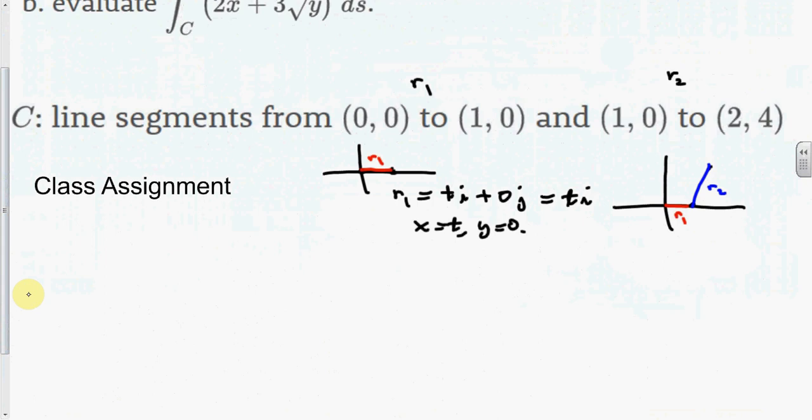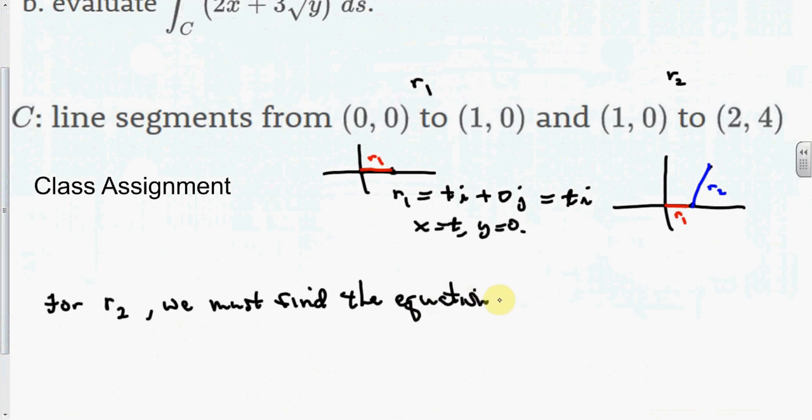If you give me 2 points, I can determine that equation of the line. So for R sub 2, we must find the equation of the line that represents the path.